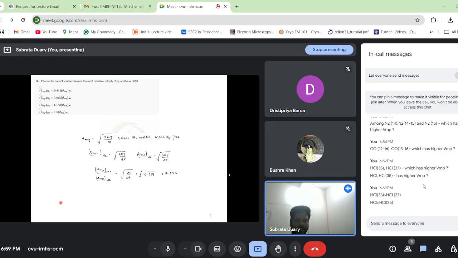HCl 35 has lower mass, as a result of which it has higher most probable velocity, whereas the other two have the same molecular weight and the same most probable velocity. Any confusion here or anything else? Any doubt?